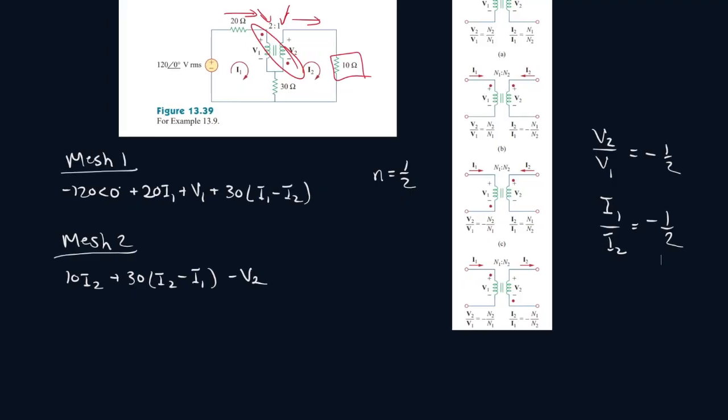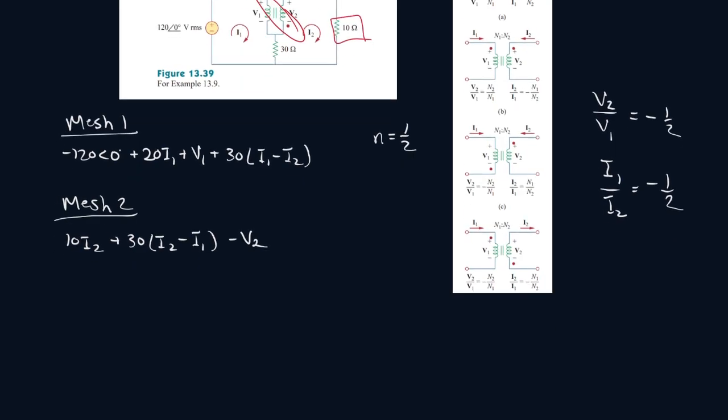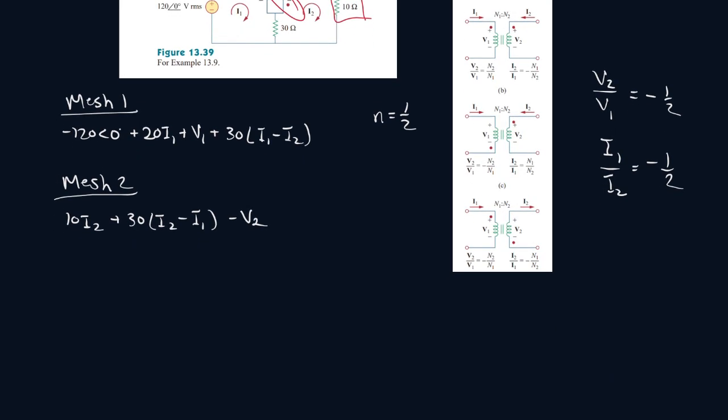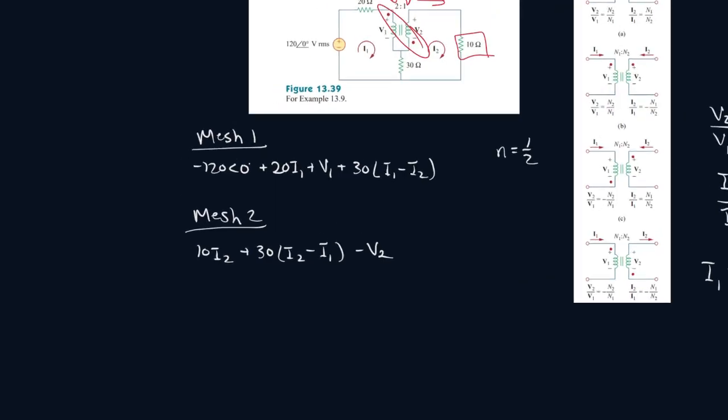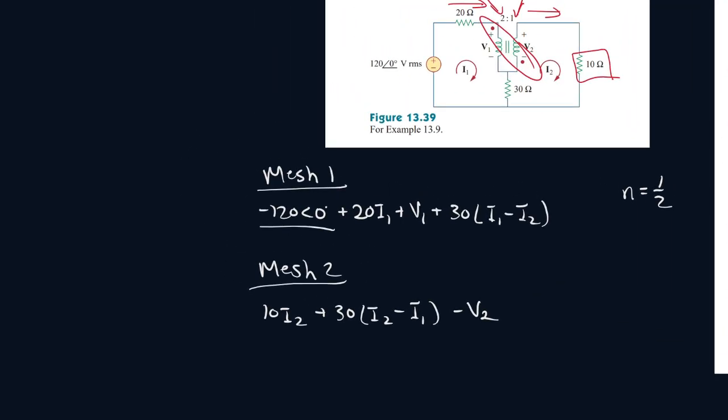So pretty much we just substitute one of these into here. So I'll have I1 equal minus 1 over 2 I2, and we're just going to put that into the formula. Also, I'm going to move this to the other side.